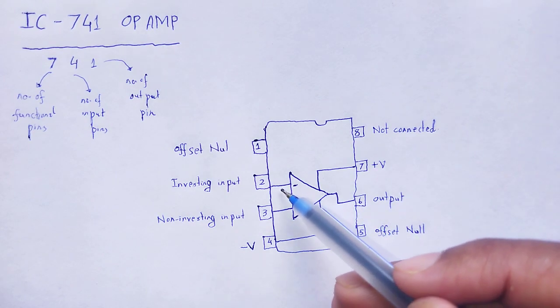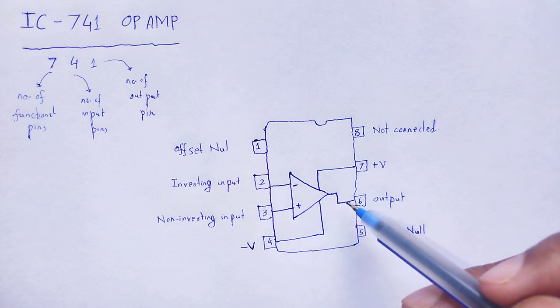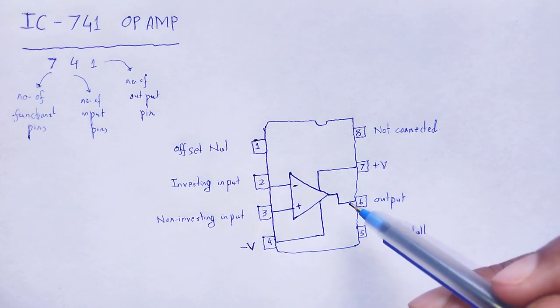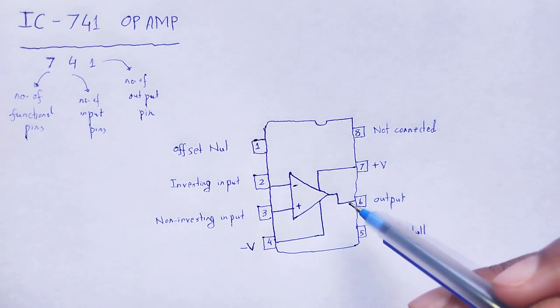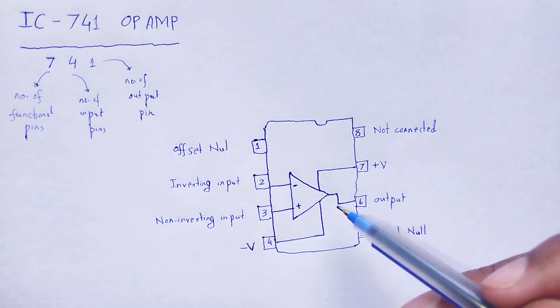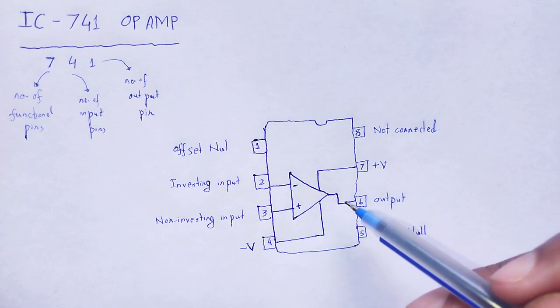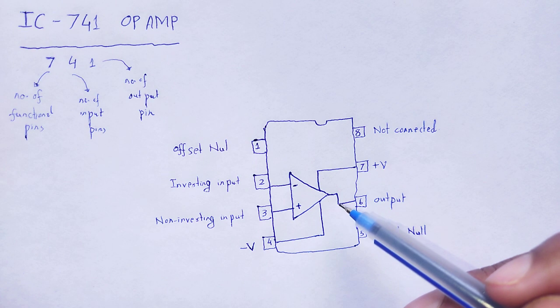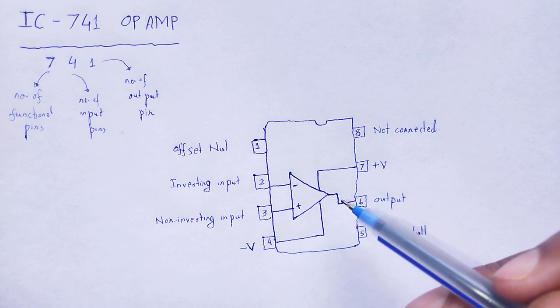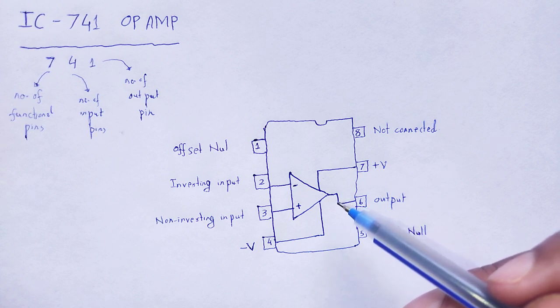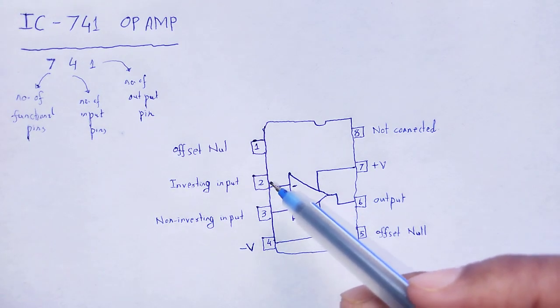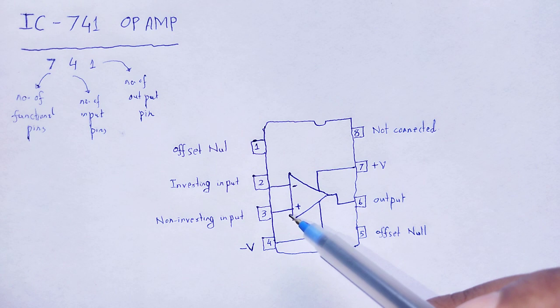For an ideal op amp this output voltage should be 0, but in a practical op amp the output voltage is not 0 when the inverting and non-inverting inputs are shorted.